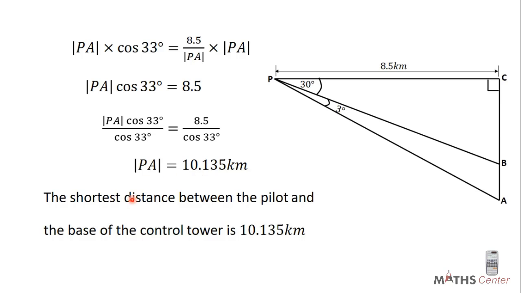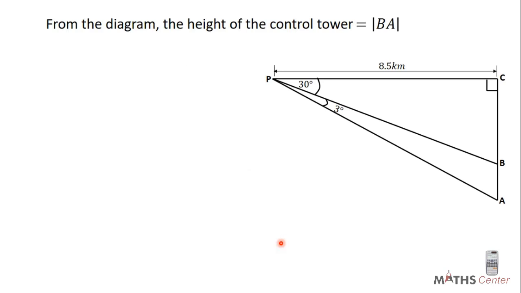So we can say that the shortest distance between the pilot and the base of the control tower is 10.135 kilometers. The question also said that we should calculate the height of the control tower. We are going to do that in the next video.